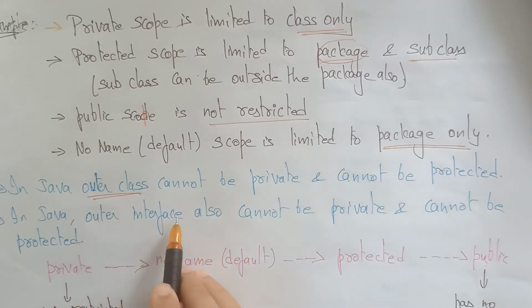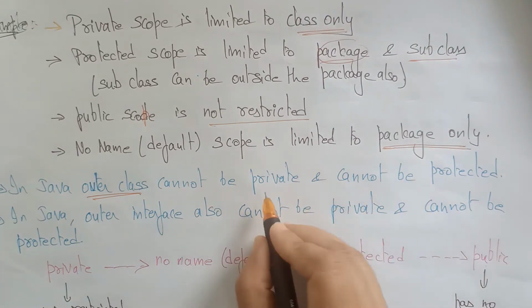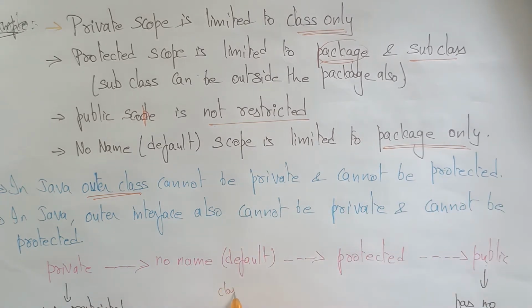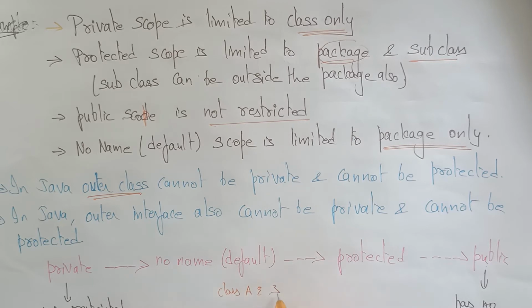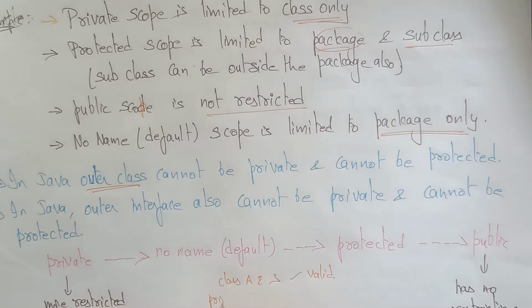In Java, an outer interface also cannot be private and cannot be protected. So outer class cannot be private or protected means that if you take class A, it is valid by default, with nothing written. If I declare private class A, it's not valid.